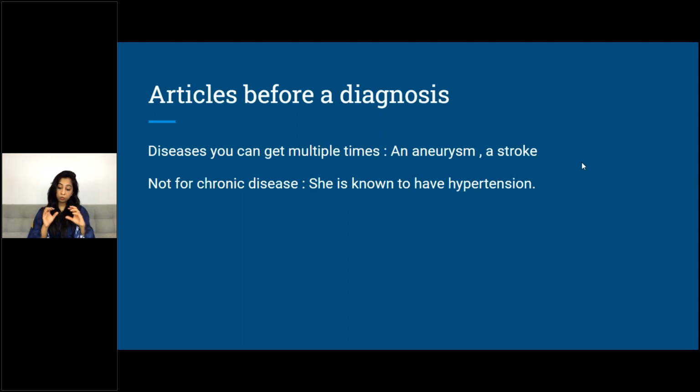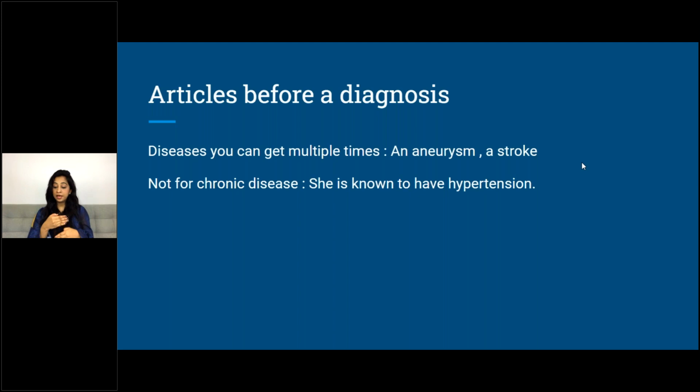Very, very important that we pay attention to this: when we're talking about diseases you can get multiple times in your life, you're going to be putting articles, which are a and an, not the. The first time that you mention it, Mr. Johnson had a stroke in 2009.